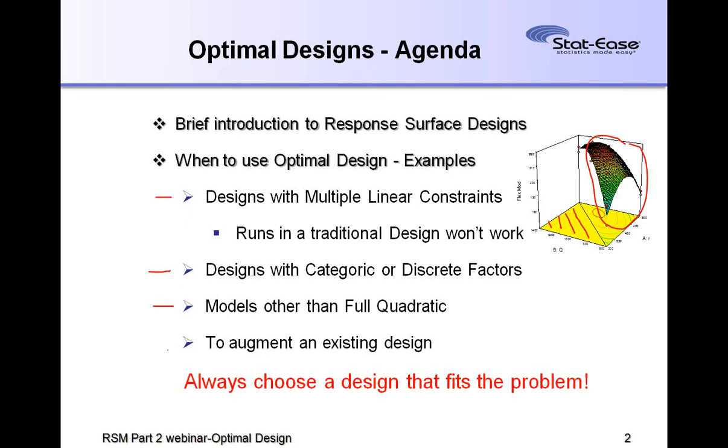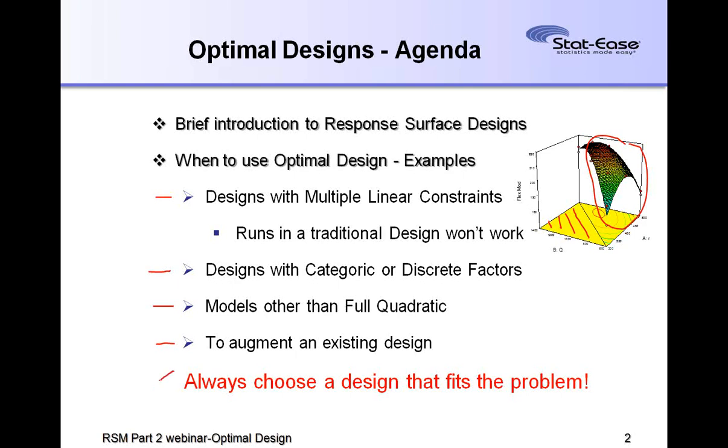We will actually combine that one with an augmentation, which means adding runs to an existing design to fit a higher order model. So maybe you start with a quadratic, and that doesn't quite fit. You can actually go up to a cubic by adding some extra points, and the optimal design is what adds those extra points and chooses where to put them.